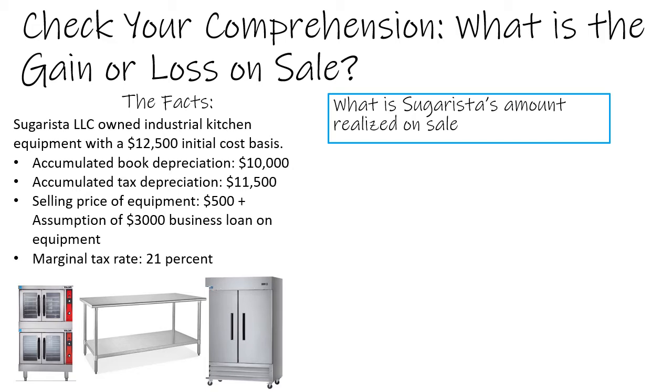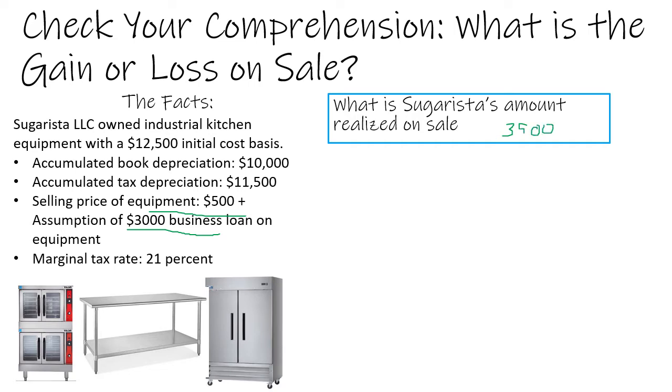As we talked about, the amount realized can be cash, it can be an exchange of equipment and valuable services reported at their fair market value, or it can also be the assumption of debt. Because in each case, this represents a sale or a benefit to the seller. So, in this situation, Sugarista is receiving $500 in cash, and they're assuming the $3,000 business loan, which means that the amount realized on the sale is $3,500.